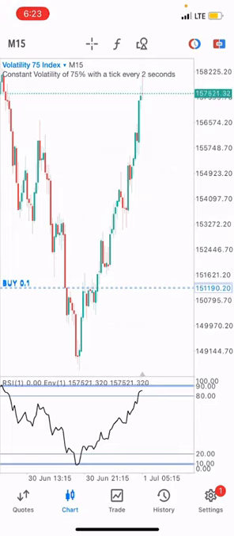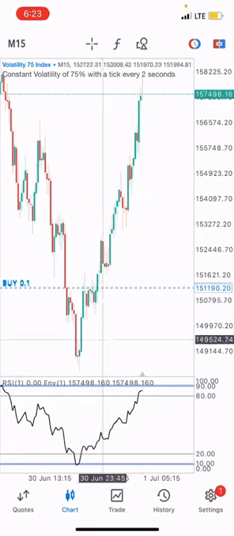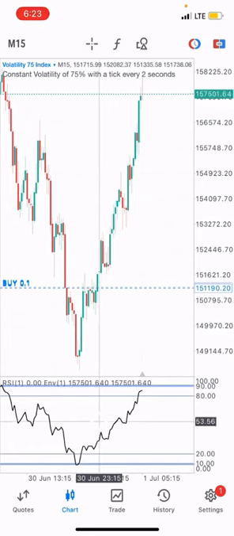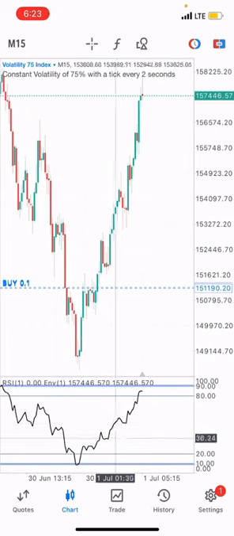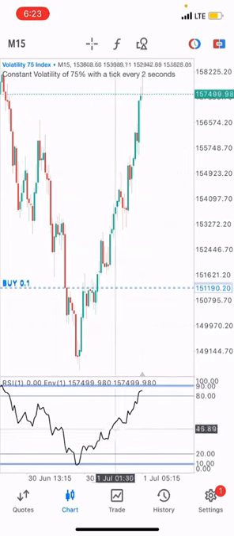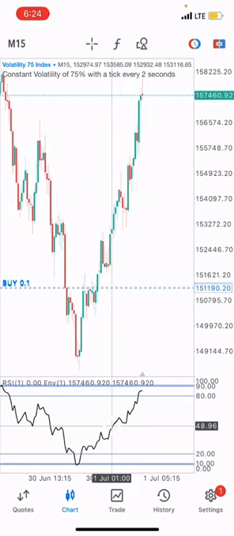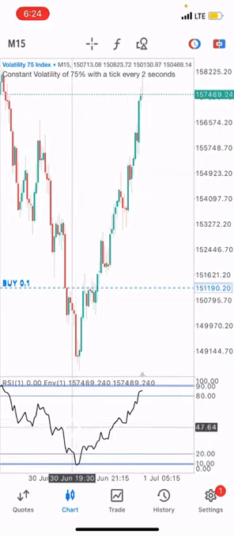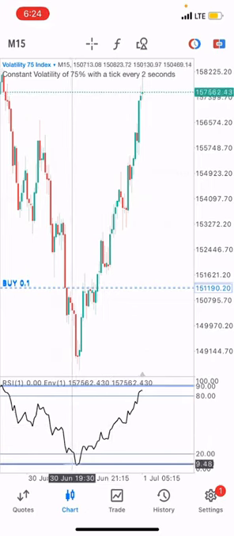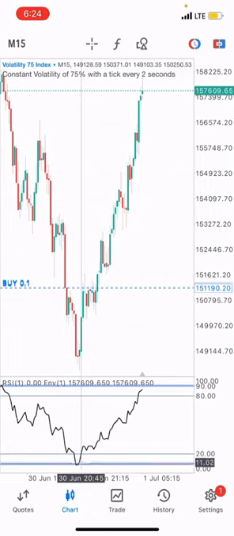Then how do you use this strategy? It's basically a buy and sell market. We all know that. So we have our RSI levels here, 10, 20, 80, 90. So the moment our envelope comes all the way down to the 10 level, we should know that the market is actually in the oversold region and is about to start buying.